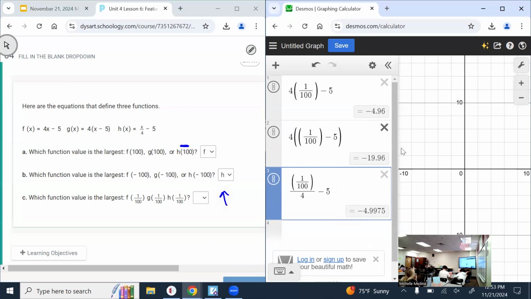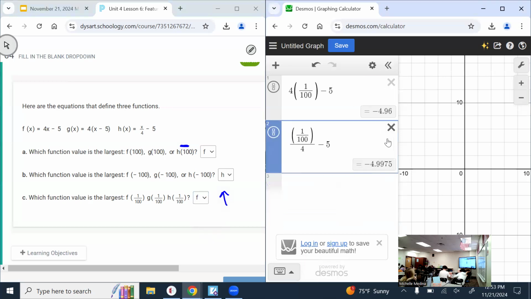Or when they're all negative, which one would be you owing the least amount of money? The F function, right? This one's just too big. And when we're really comparing these ones down to the 100th, this one's a little less in terms of what you would owe, I guess. So technically, this is the largest out of the three.